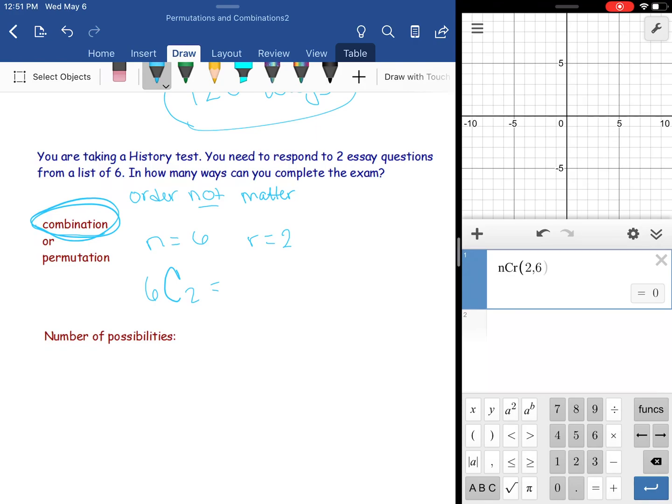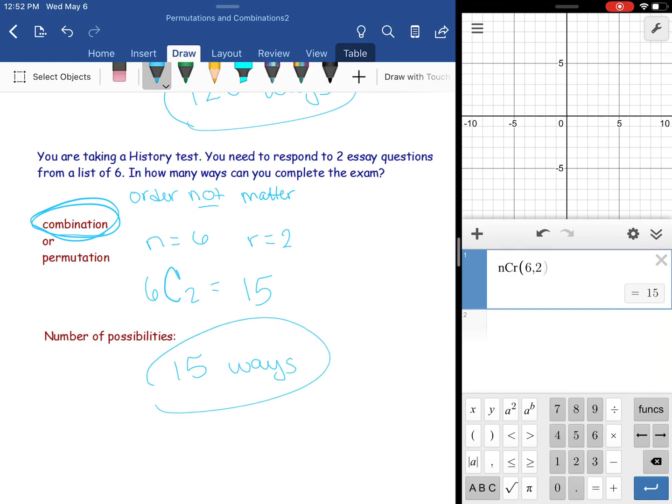That is basically saying that we have 2 items total and we want to make combinations of 6. Well, we can't do that, right? If you only have 2 items, you can't make combinations of 6. That's not how life works. So just keep that in mind. The larger number does need to be first. There are 15. So there are 15 ways that you can finish your history test.